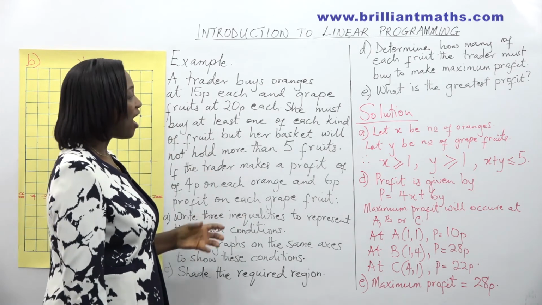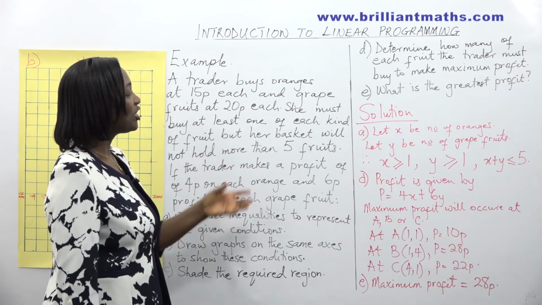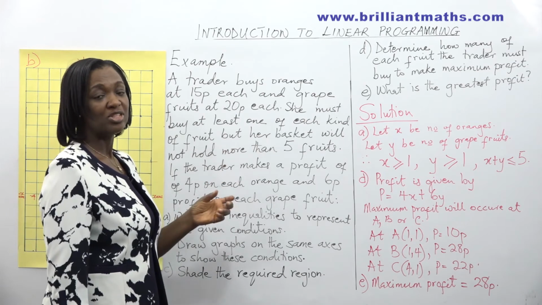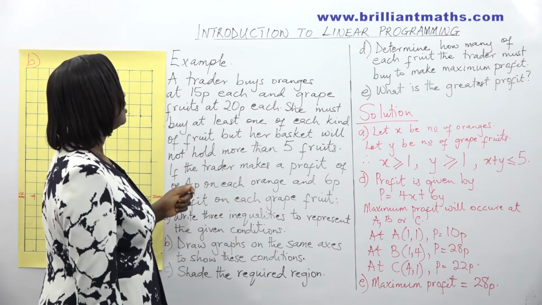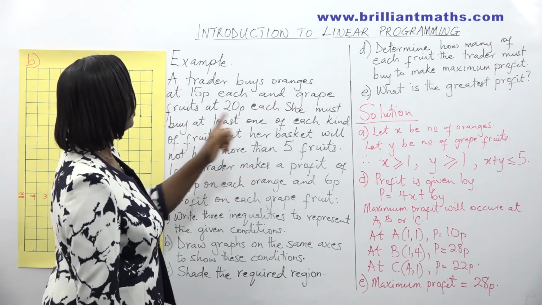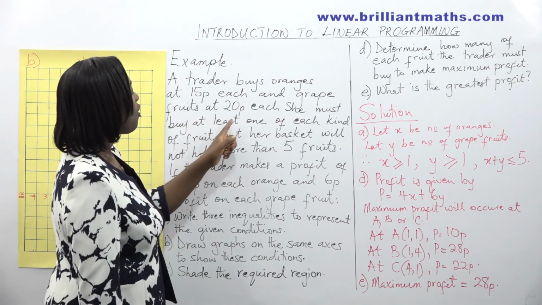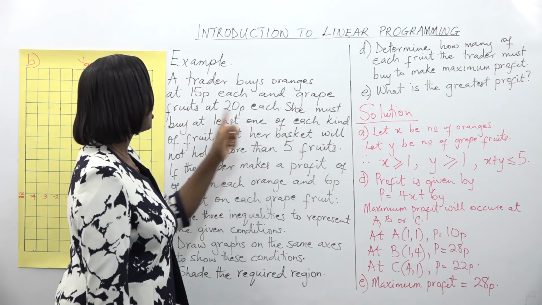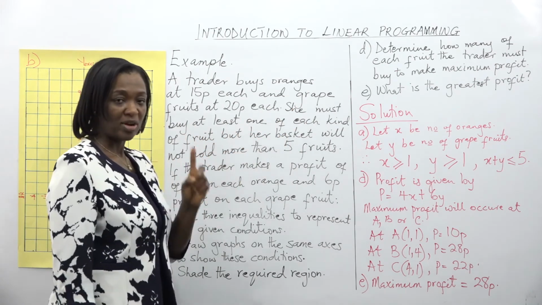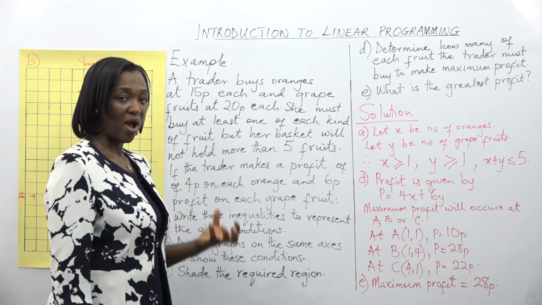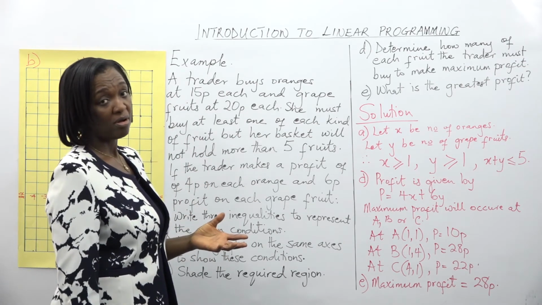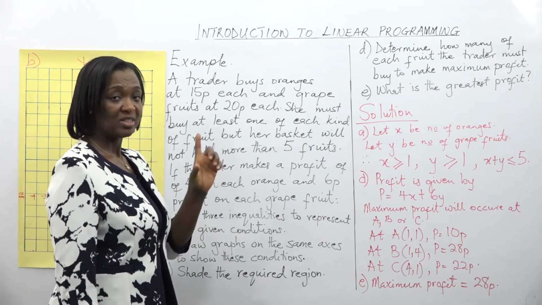What are the parameters or the conditions that we need to take into consideration? She must buy at least one of each kind of fruit. That is one condition. At least one. She could buy more, but it must be at least one.